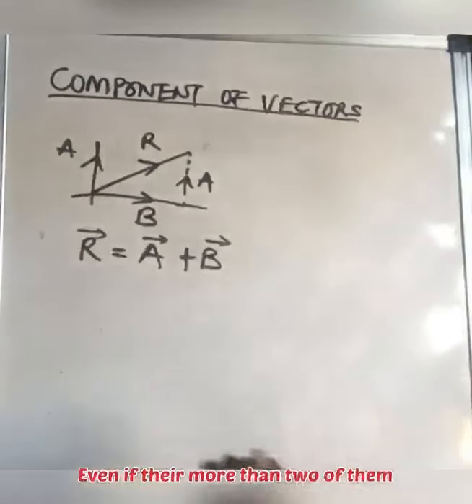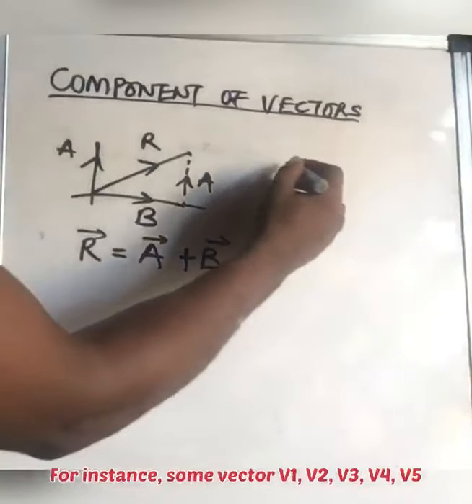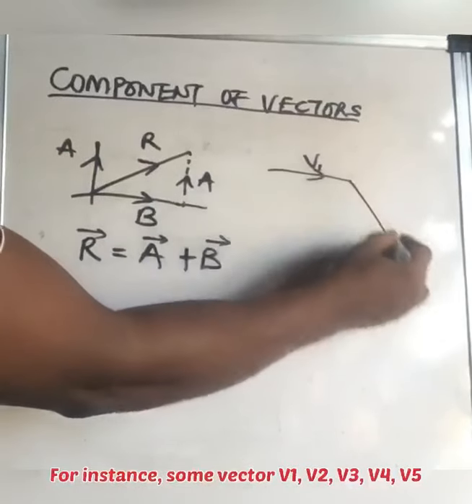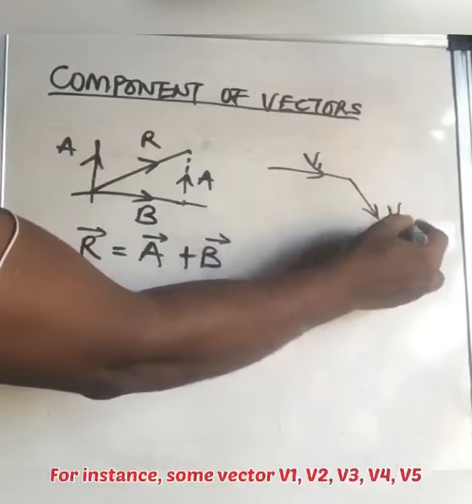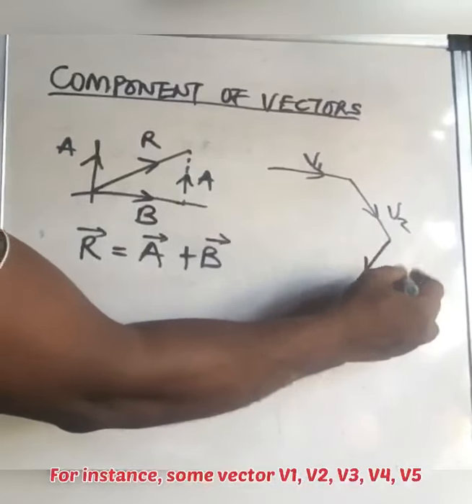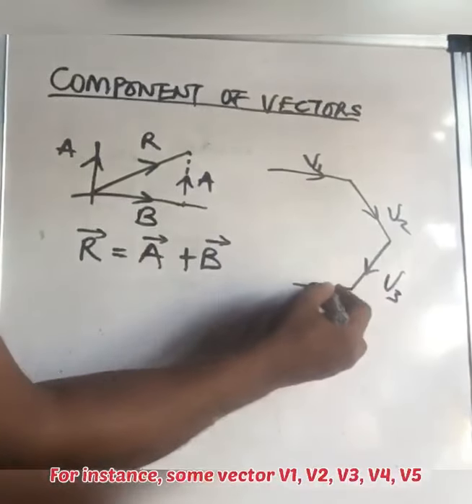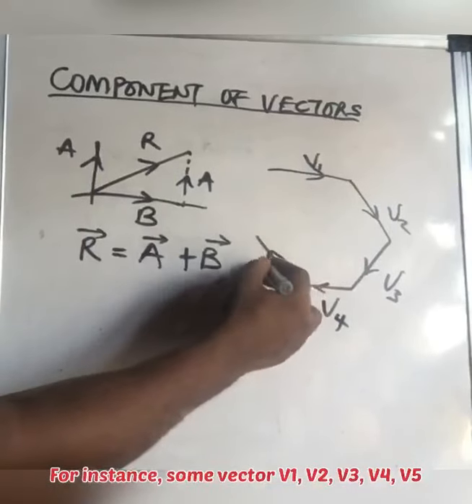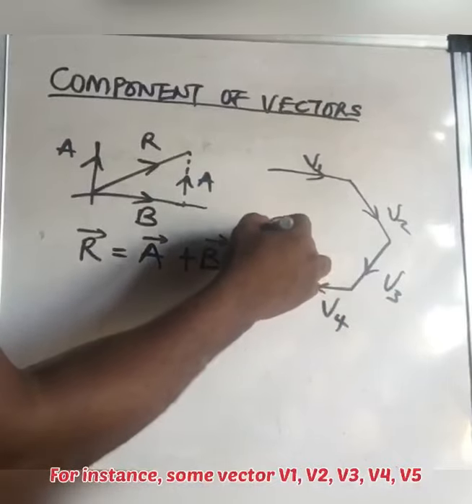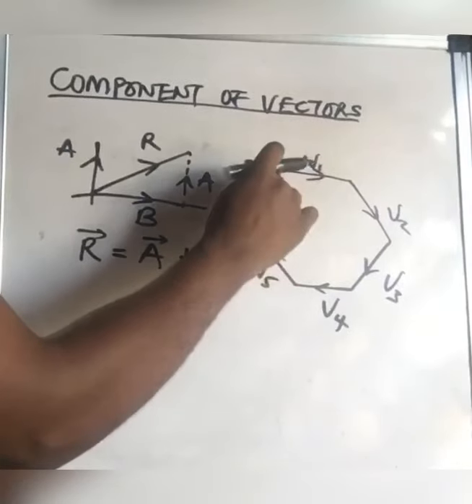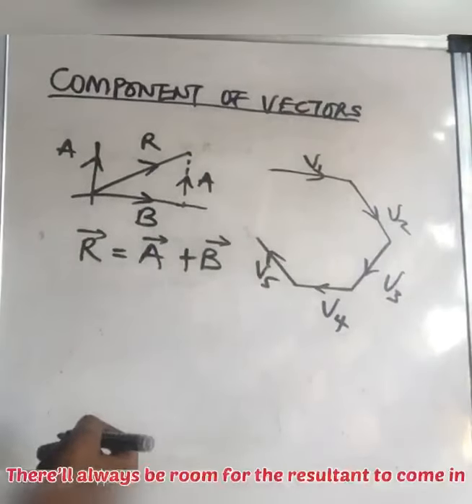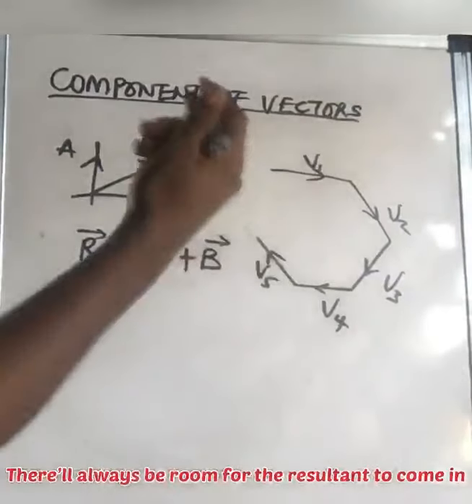Even if there are more than two of them, for instance, some vectors v1, v2, v3, v4, v5, there will always be room for the resultant to come in.